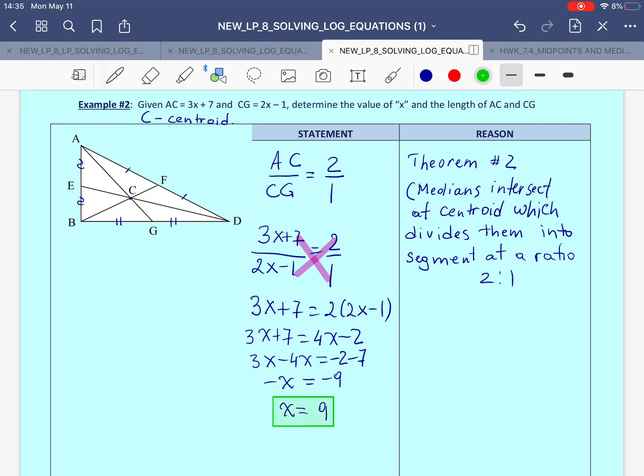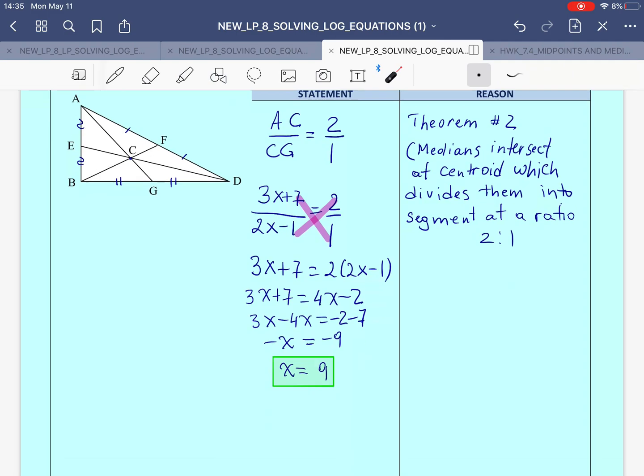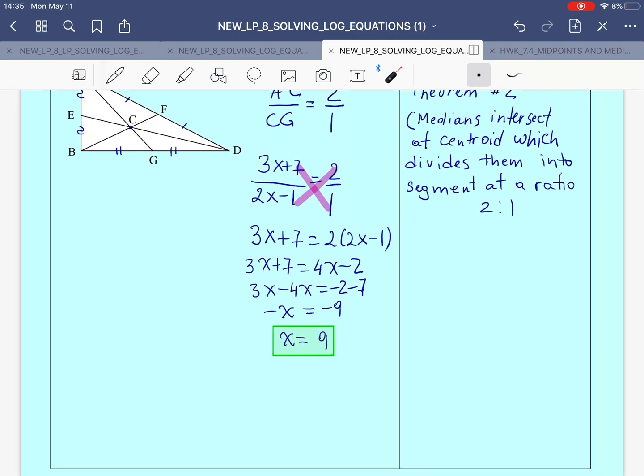I will extend a little bit this problem actually to finding the actual lengths of AC and CG since we have the value of x. So if x equals 9, that means that AC would equal 3x plus 7 or 3 times 9 plus 7.